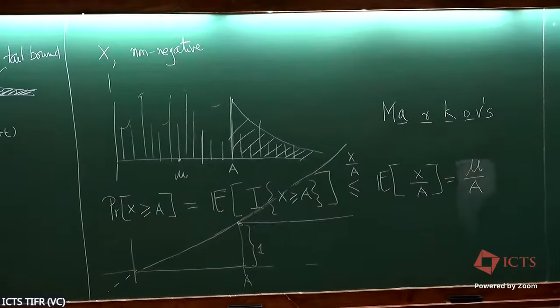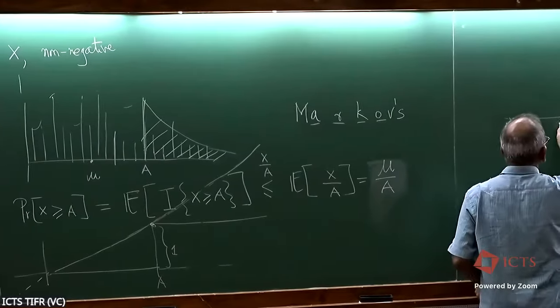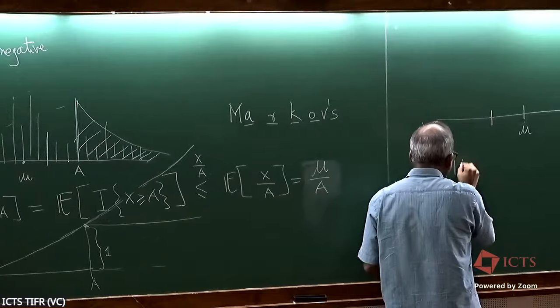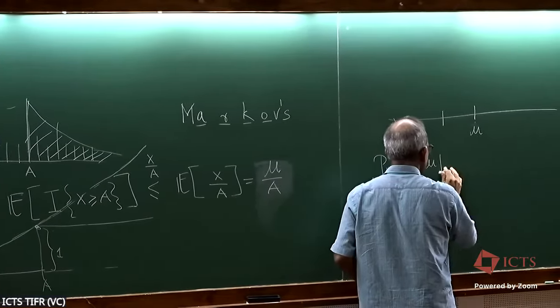you have a random variable and it has a value mu here, and I want to know the probability that x minus mu is greater than or equal to a.